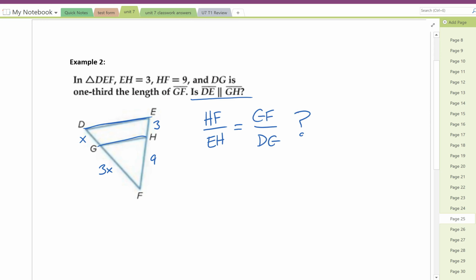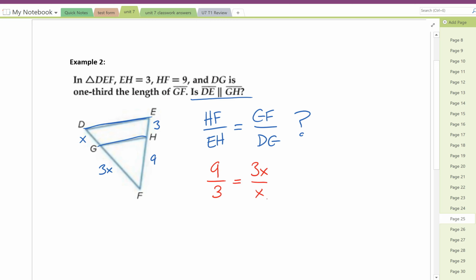So what we're really asking is, is the ratio between HF and EH the same as the ratio between GF and DG? Well, let's plug in what we know. HF is 9, EH is 3, GF I called 3x, and I called DG 1x.